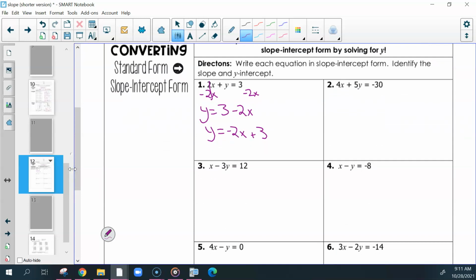We're going to start off the same way, getting the x term away from the y term by subtracting. And when I rewrite that, I'm going to go ahead and switch these two now so I don't have to do it later. So I'm going to write this as negative 4x minus 30.